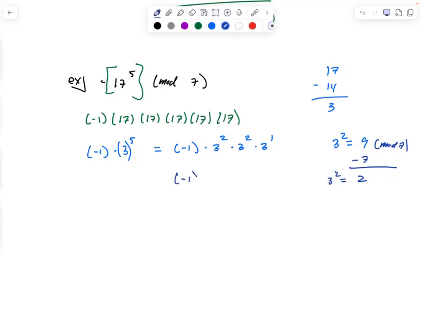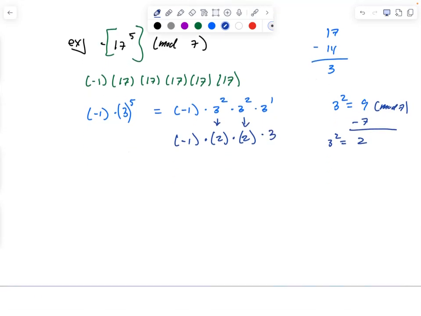Now this becomes negative 1 times 2 times 2 times 3, because remember, you just said 3 squared is 2. Now we can do that in our head. What's 2 times 2 times 3? 12. Times negative 1 is negative 12. So now we're able to do something in our head.